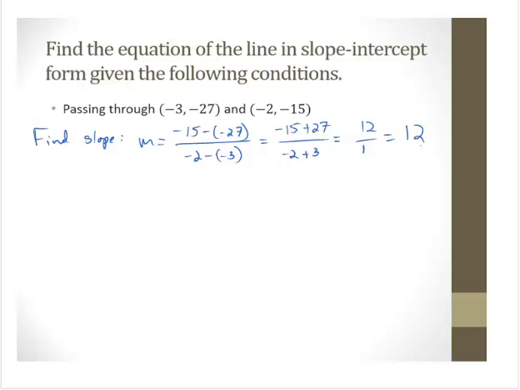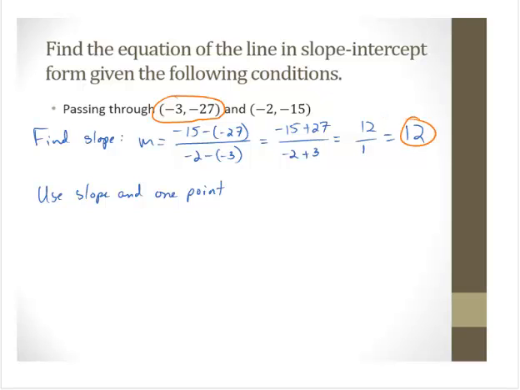So now I have the slope, and I have 2 points. So now I'm going to use the slope and 1 point. Alright, so I'm going to use the first point. I'm going to use negative 3, negative 27, and the slope is 12.